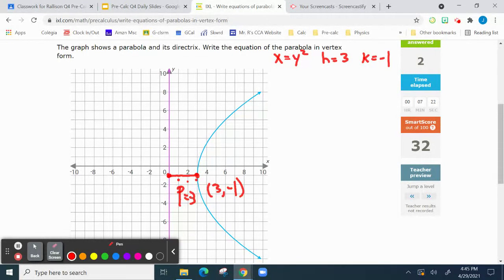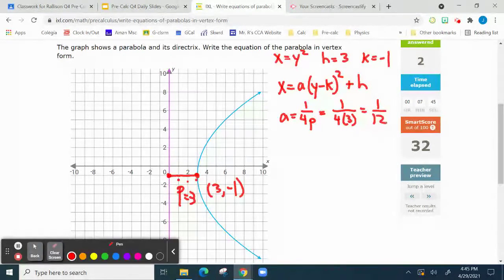So now we got our equation, right? x equals a, y minus k squared plus h. And we need to find our a. So a equals 1 over 4p equals 1 over 4 times 3 equals 1 over 12. All right, so that seems pretty straightforward, right?